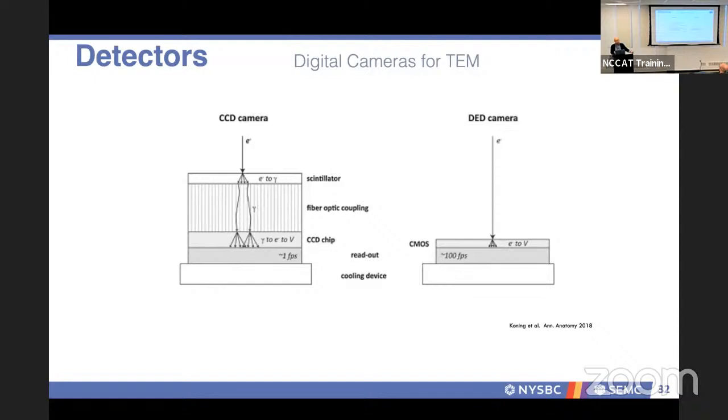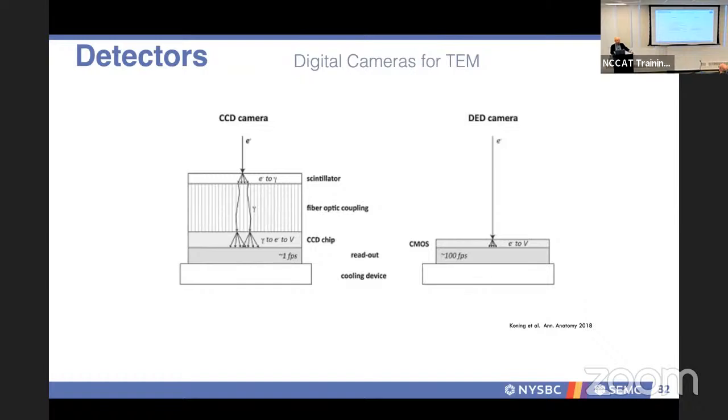Something to think about. If you look at that, direct detectors perform better at higher keV. The reason for that, especially with a back-thinned detector, is that when the electron hits the detector, you'll have a single event. If the electron is going very slow and it hits the detector, you can have secondary events and shot noise.